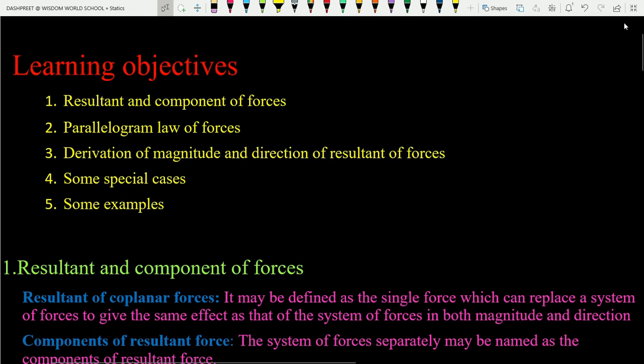The first topic is resultant and component of forces. Suppose there is some rigid body and a few forces are acting on this rigid body.